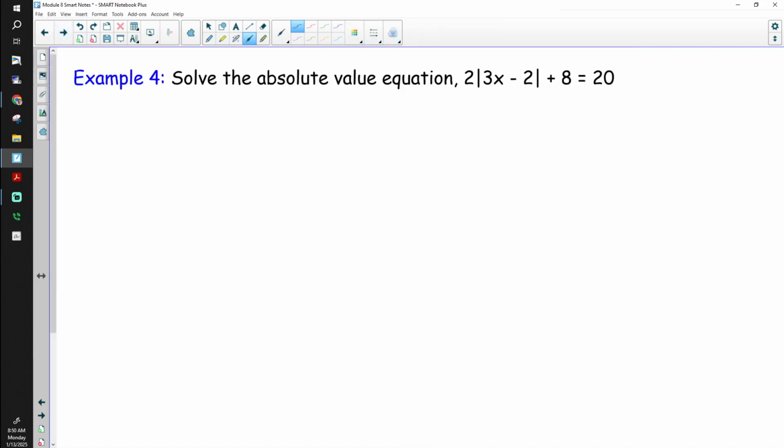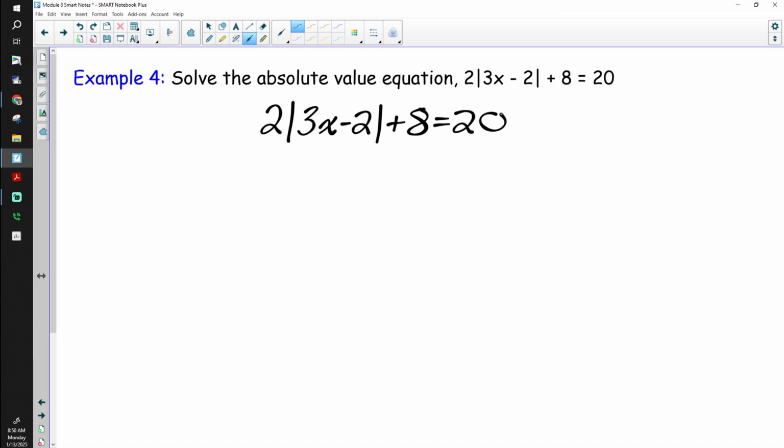Example 4. 2 times the absolute value of 3x minus 2 plus 8 equals 20. I threw in a little extra thing here. Do you see what it is? Yeah, there's a 2 out front. Now, what do you think a lot of students try to do with that 2?